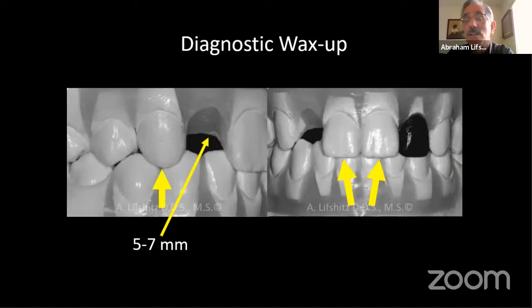So I did a diagnostic setup, placed the proper occlusion, and then I was able to realize how much I needed to construct or build up the lateral incisor and leave a good amount of space for the prosthetic in this case.